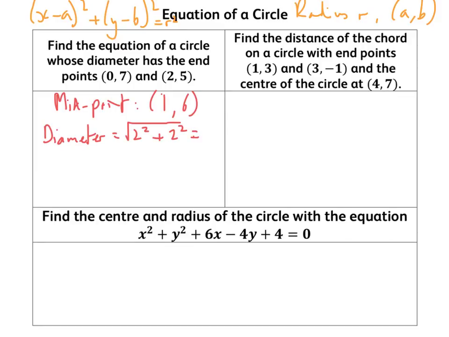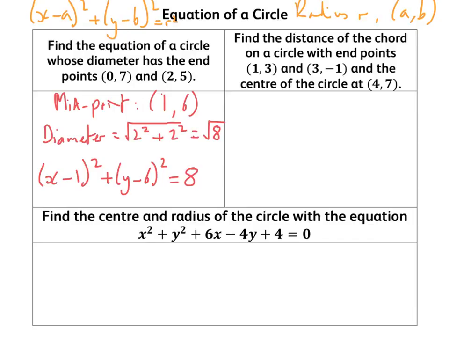When I square it, it's going to be positive, which gives me root 8. So now I put these values into my general formula, and I get that. Nice and straightforward.